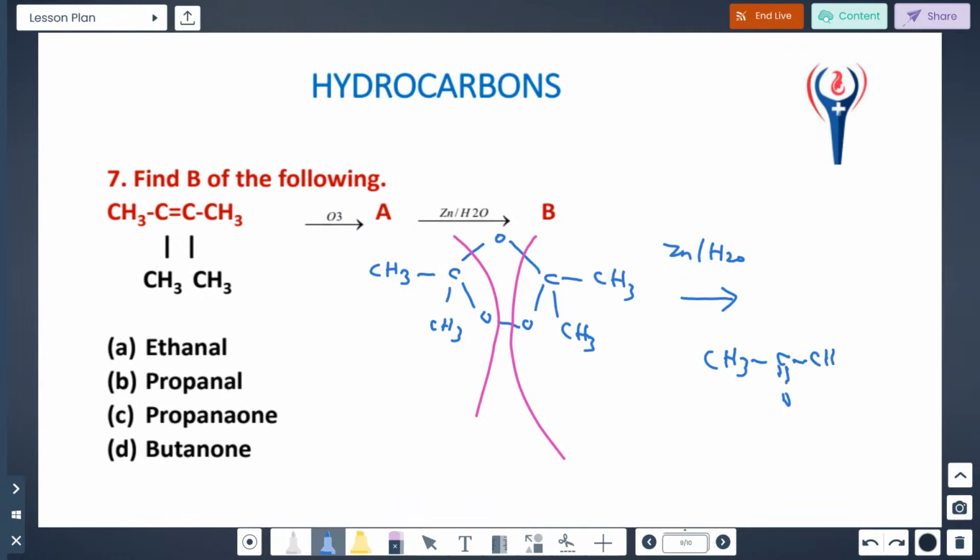This is called propanone. Correct or not? Two times. So propanone. So the answer will be what? B only they are asking. Answer C. Understood? The answer is propanone.